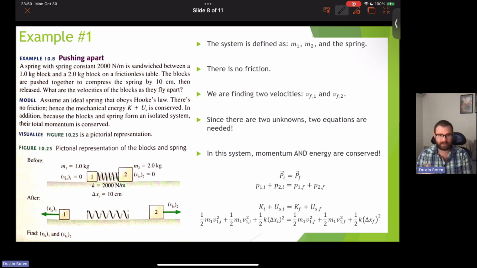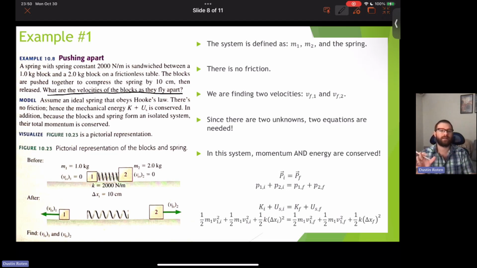Okay, we've got that set up drawn here in the before. These blocks are pushed together to compress the spring by 10 centimeters. Okay, so we're going to have a restoring force. Okay, and then it's released after it's been compressed. So what are the velocities of the blocks as they fly apart?